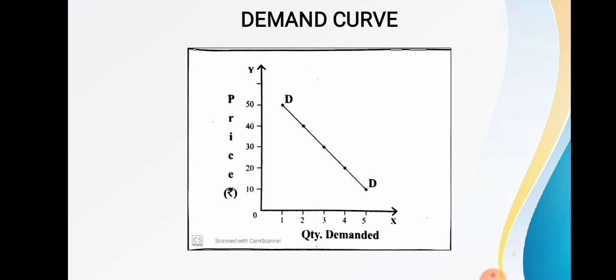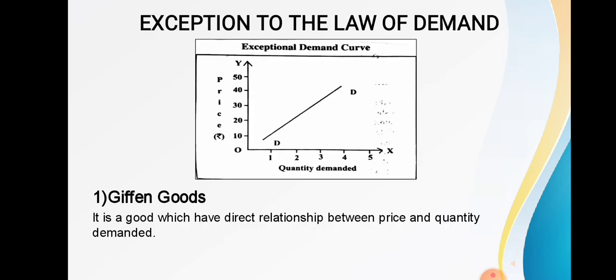When the price decreases still from 30 to 10, its demand increases from 3 units to 5 units. This indicates that there is an inverse relationship between the price and the quantity demanded. As the price goes on decreasing, quantity demanded goes on increasing. I hope the law of demand is clear to you.